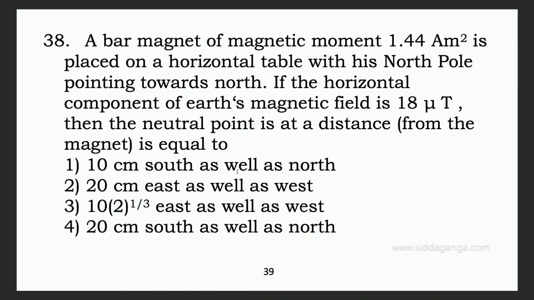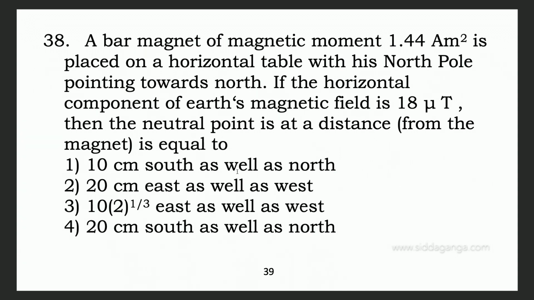A bar magnet of magnetic moment 1.44 ampere meter square is placed on a horizontal table with the north pole pointing towards north.